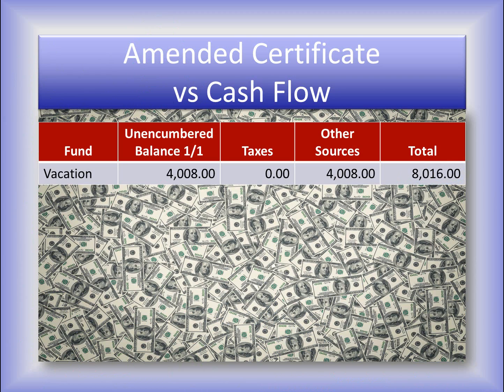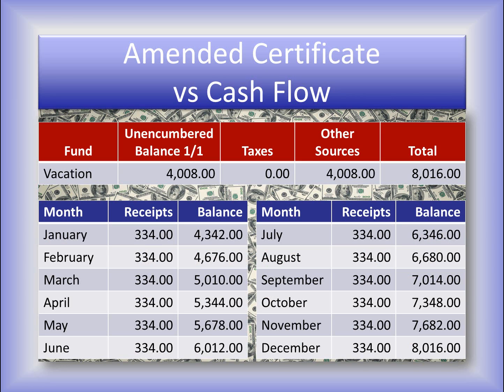It's a component of the budget. The amended certificate only certifies the estimated resources for the entire year. It doesn't tell you when you will have cash in the bank. The family has to consider cash flow to plan their vacation. On our monthly cash flow chart that you see on the screen, look at how much the fund increases with each monthly receipt.